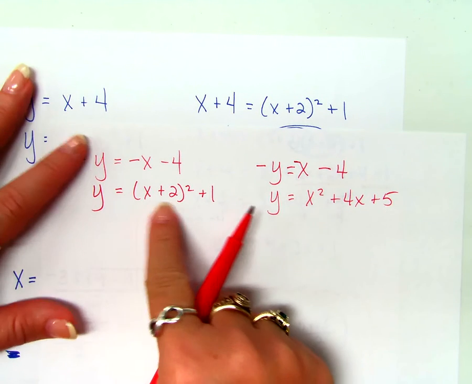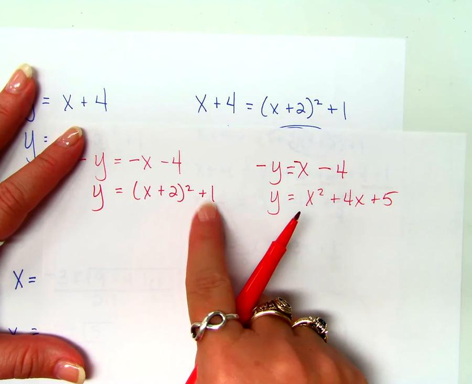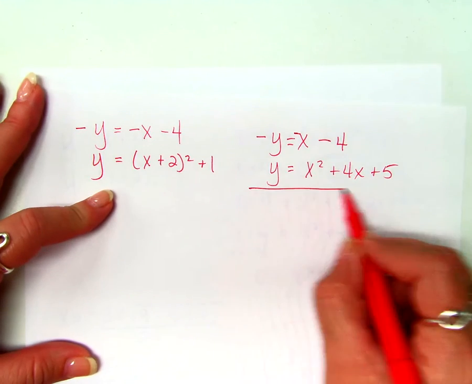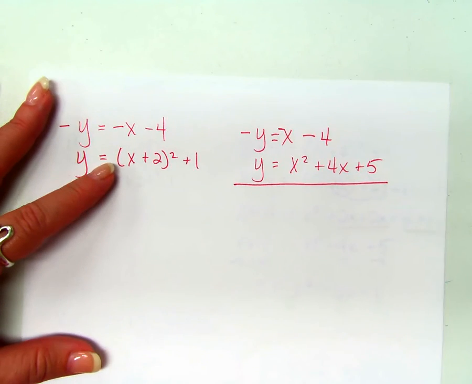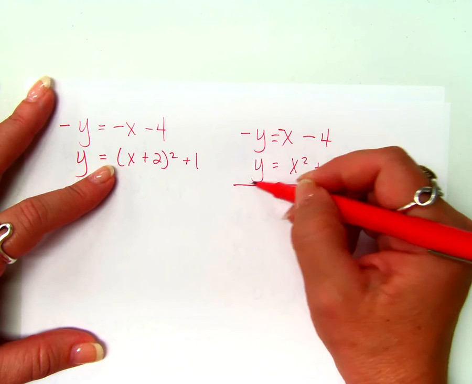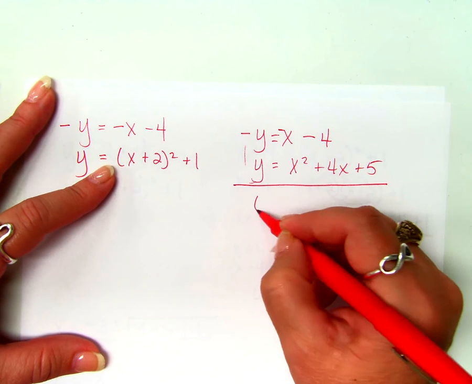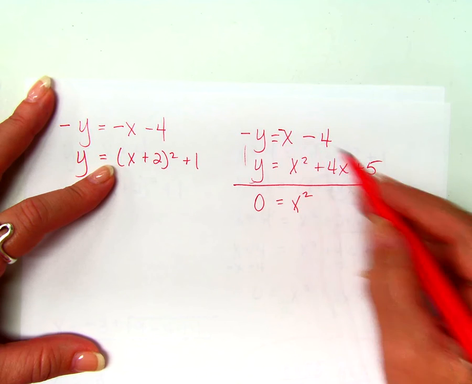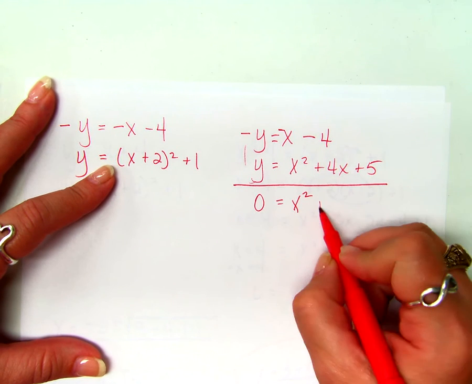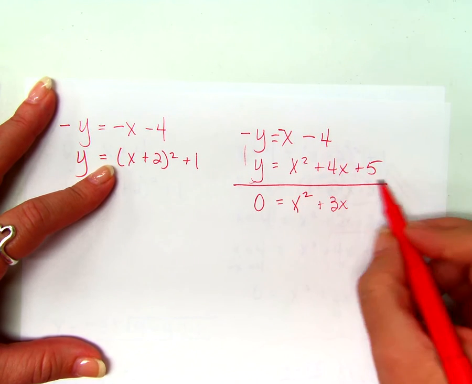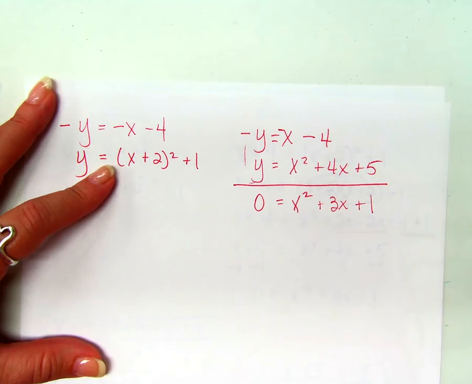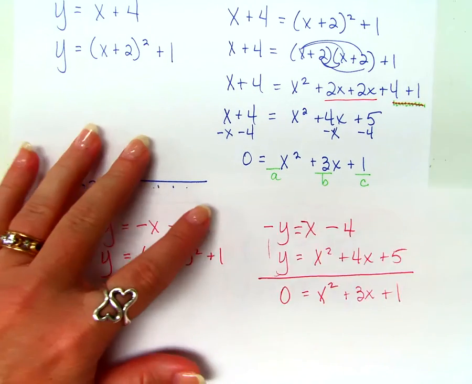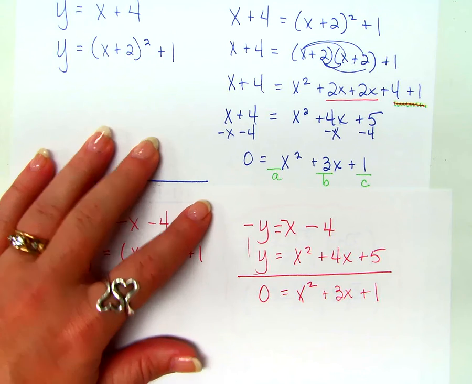Now we know this multiplied out is x squared plus 4x plus 4, but I have that plus 1 right there, don't I? Now what happens if I add these two equations together just like they are? What happens here? That's 0, isn't it? What happens here? This is x squared. I have a -x and a positive 4x, plus 3x, a -4 and a positive 5. Oh my goodness. Look. It's the exact same thing, isn't it?